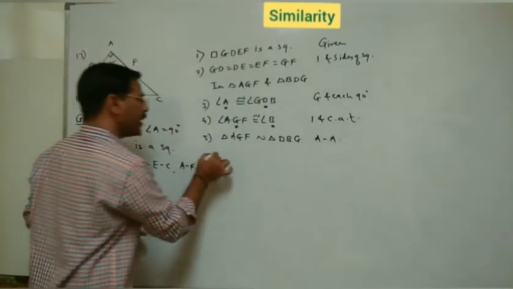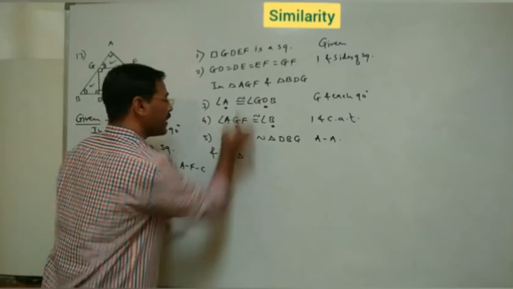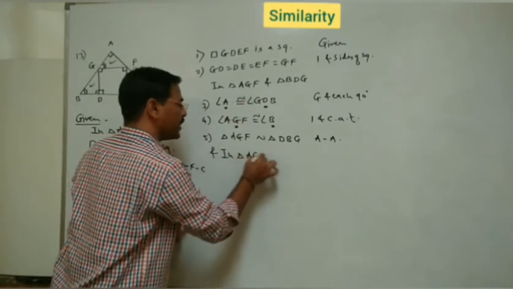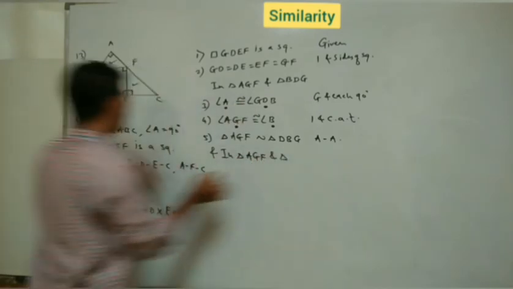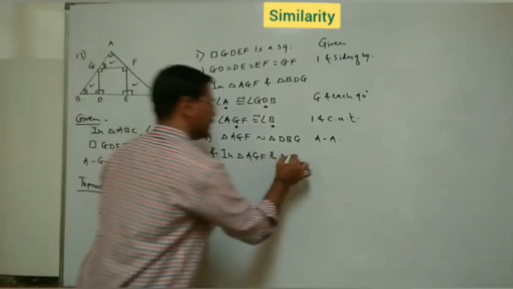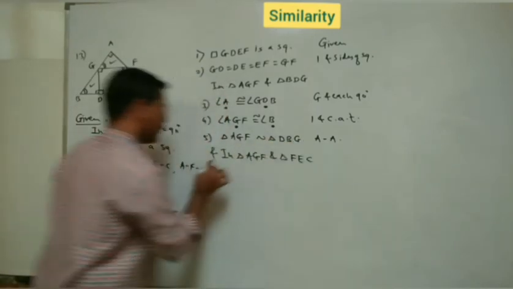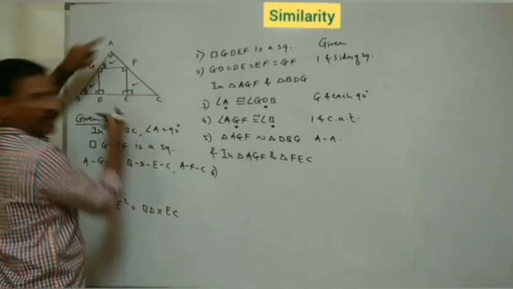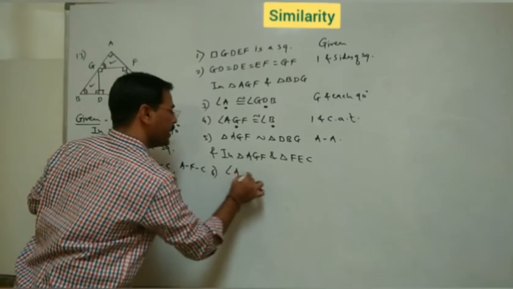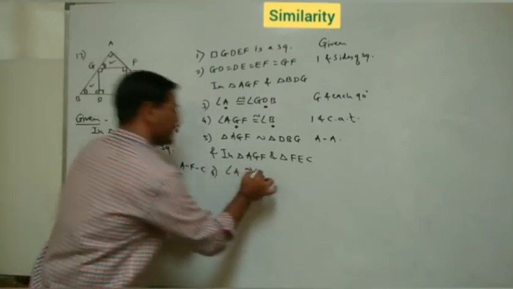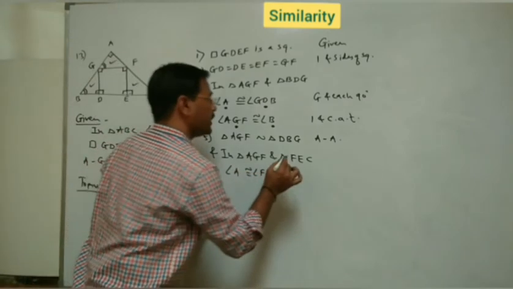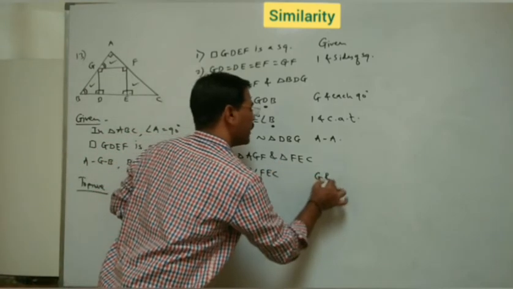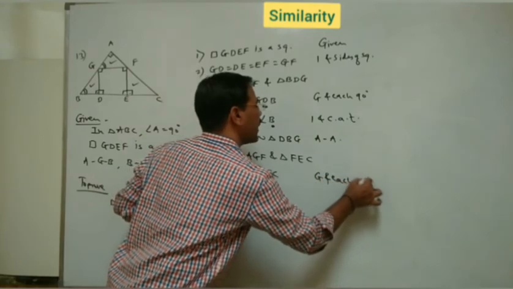Now, very similarly, in the triangle I'll write the same name AGF. And here we should write FEC. Okay. Here also, look, this is 90, so this is also 90. Means angle A is congruent to angle FEC. This we can write, given, and each 90.